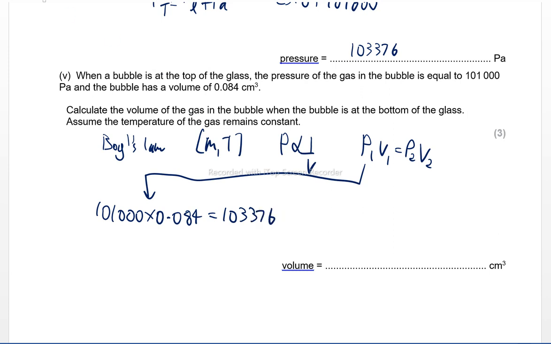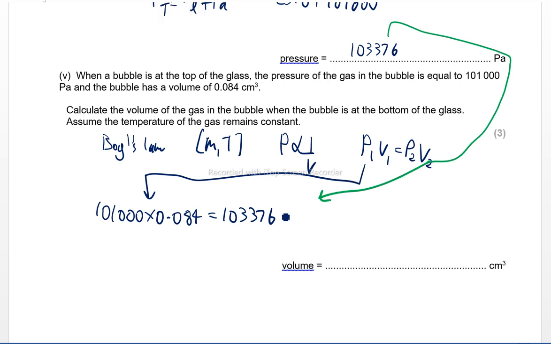That is the pressure we found here. Can you see, children? I'll mark it with green color. Can you see the green color arrow, children? So that is what has to come here.